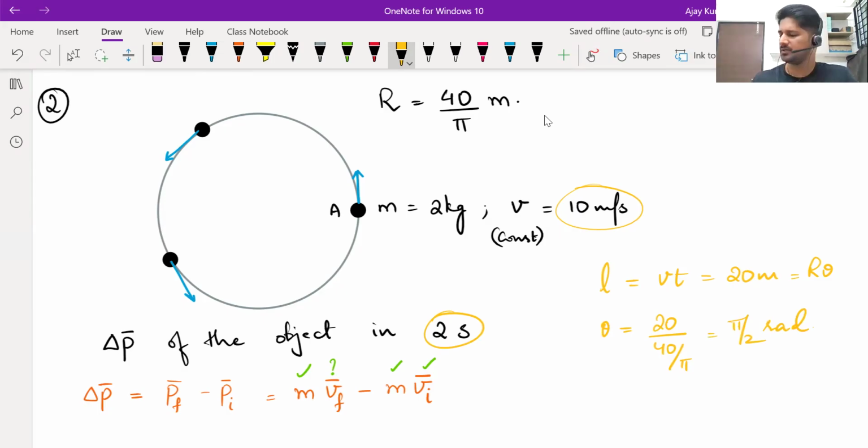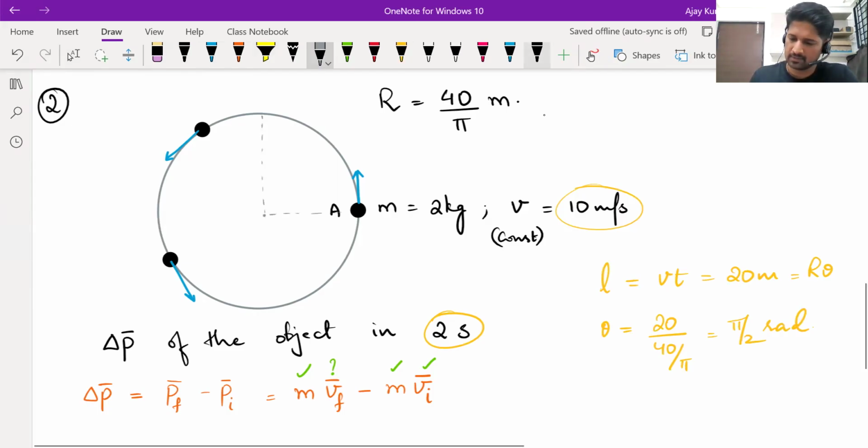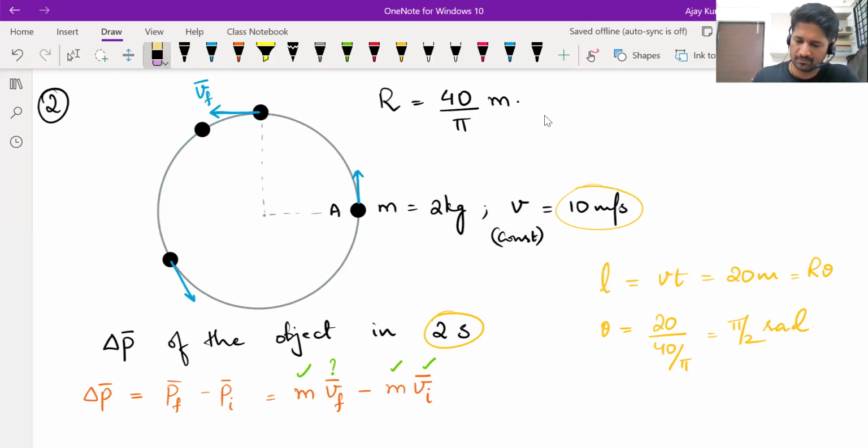Pi by 2 radians is how many degrees? 90 degrees. That means the particle after 2 seconds would be here at the topmost position. If it is there, it's easy to express its velocity. This is the final velocity of the particle.